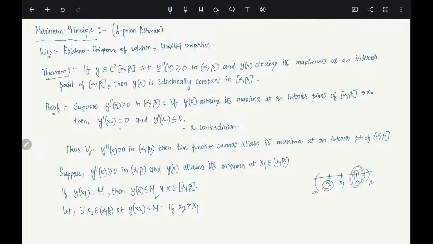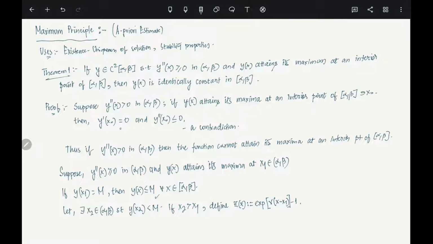Then we define z of x to be exponential of gamma times (x minus x1), minus 1. What is the need of this function? Basically, we know that if y double prime is strictly positive for all x, then the maximum cannot be attained in the interior.